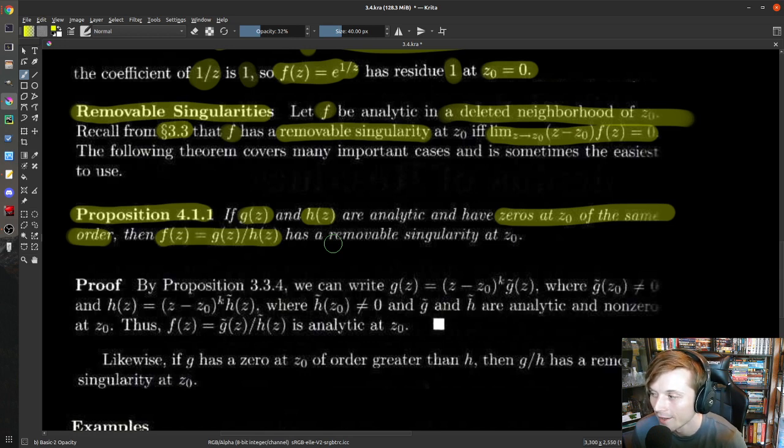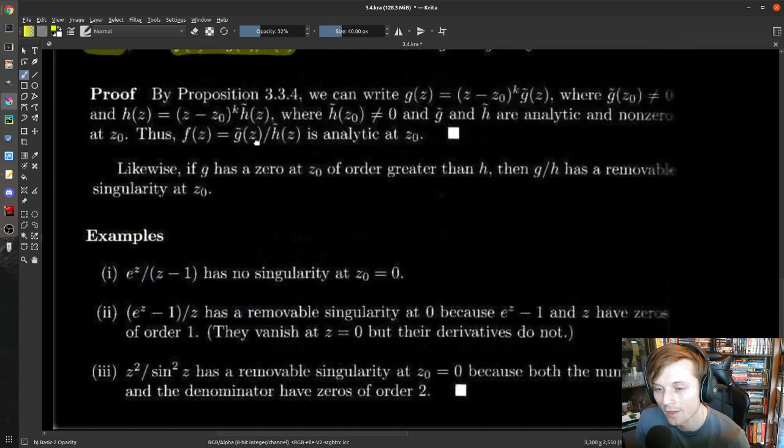That is, z squared over z is just equal to z everywhere except at 0, at which point it's undefined, but you could remove that singularity and define a value and then you're good to go. So basically removable singularities happen when the top function has a zero of at least the same order as the bottom function, though it could be higher.